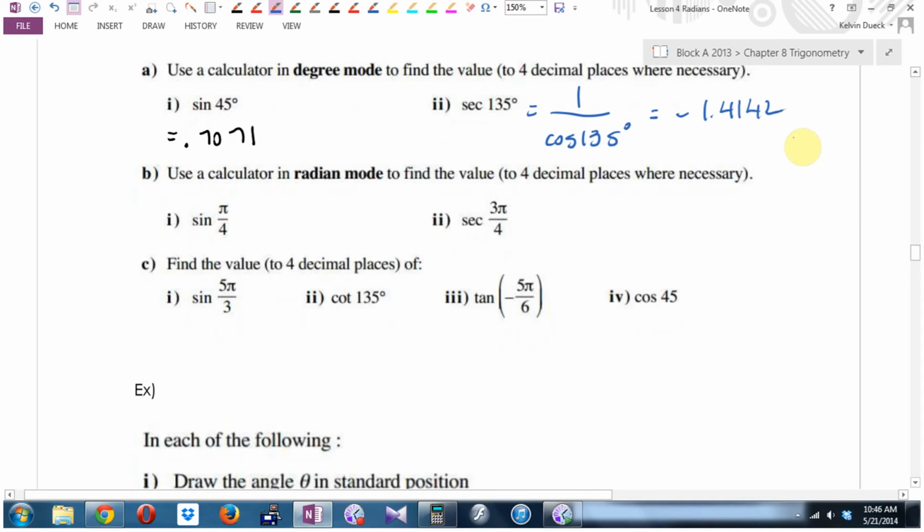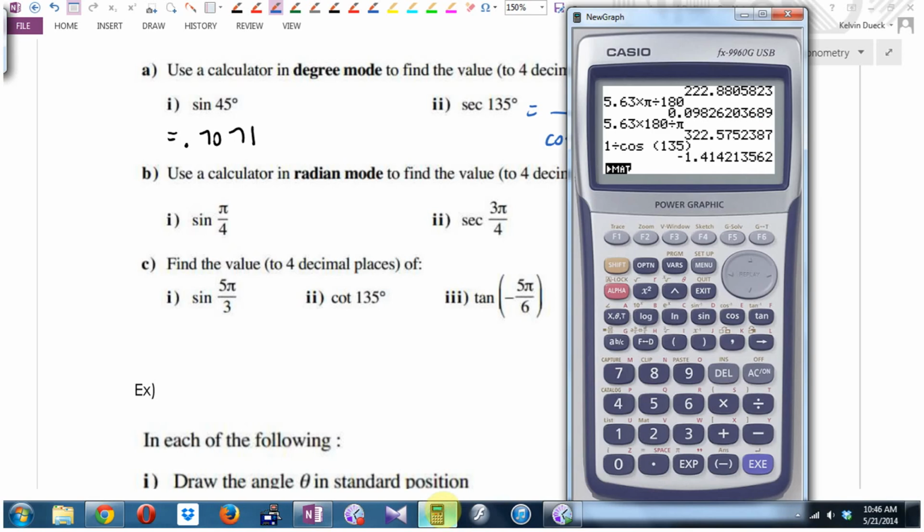How do I know B is in radians? Okay, they told me, and there's no degrees. Now, how do I change my calculator to radians? All of you look up. To change to radians, you need to go into the setup menu, which is second or shift menu. Your screen should now look like this. Try that, please.